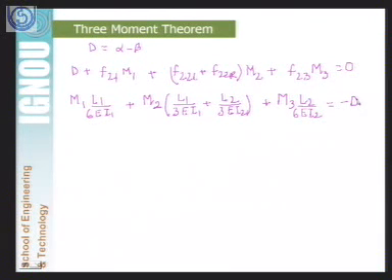Now friends, let us see what is equal to D and how we are going to calculate this. So D is alpha minus beta, and what is alpha?